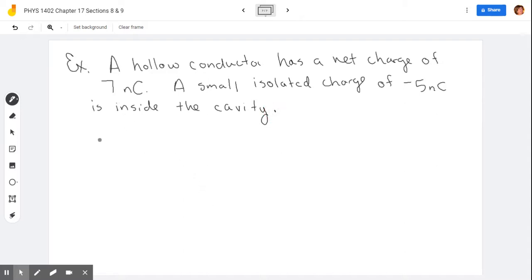Okay, let's draw a picture. Here's our conductor, and here's the hole in the middle of the conductor.